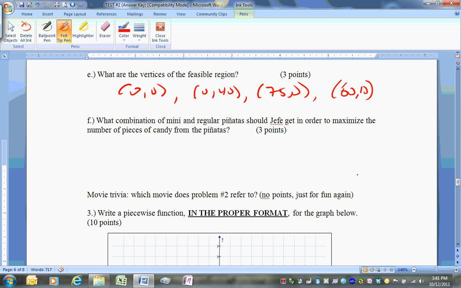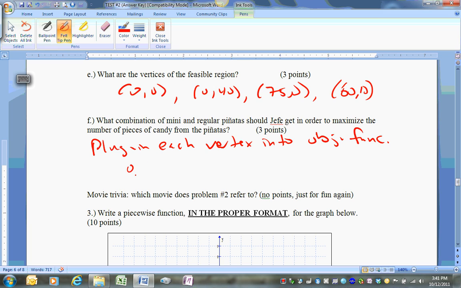And then to find the right combination, you want to plug each vertex into the objective function. And if you do that, you will get 0, 40 as the highest one, because N will equal 100 times 0 plus 210 times 40, which is 8400.